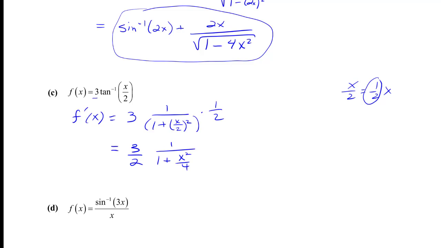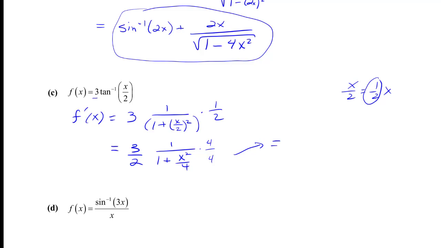Now, I'd probably like to make that look a little nicer. So what I'm going to do is multiply this by 4 over 4. And so for the constants, I get 3 times 4 over 2.